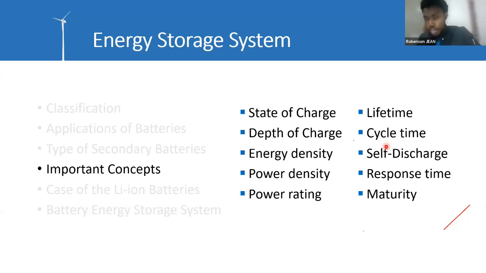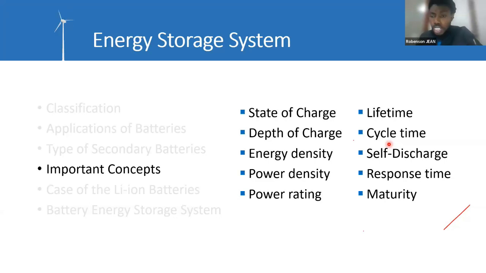Also, it is not good to fully charge your lithium battery, and it is not good to completely discharge your battery. Therefore, it is important to define a strategy for the operation of the batteries.